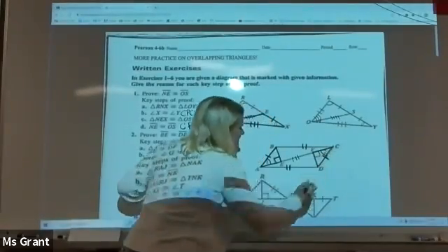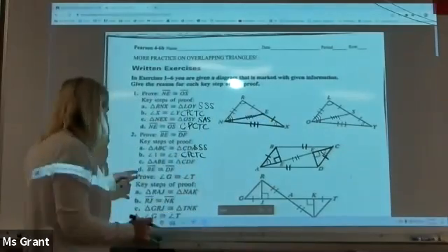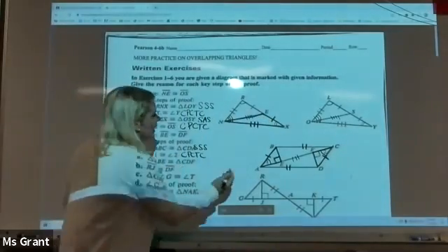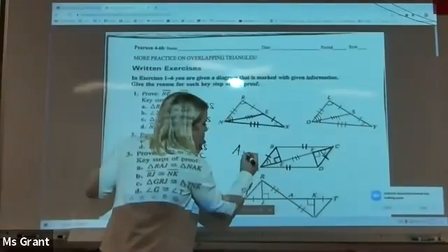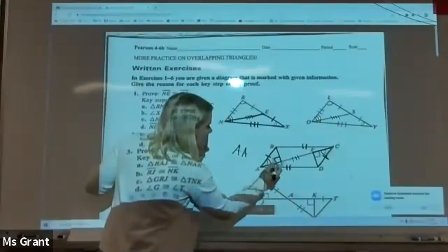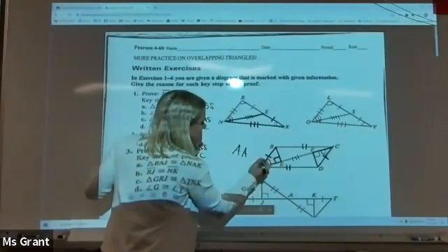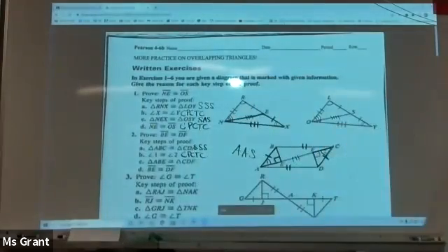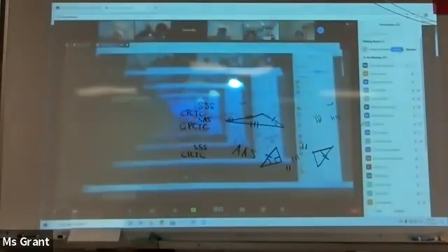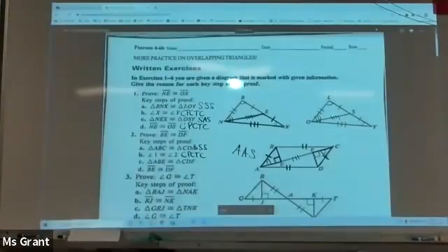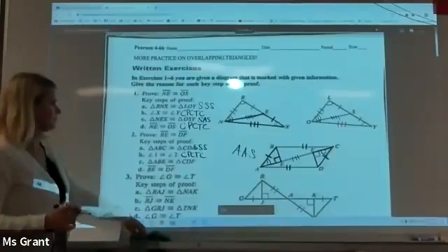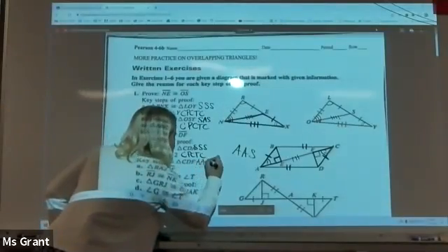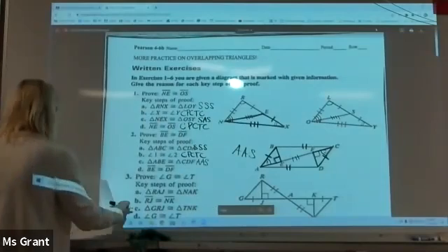Every single piece inside, every angle, every side. How did I know? Angle 1 and 2 are my first angle. Right angle, and side, right here. Angle, side. And then CPCTC.